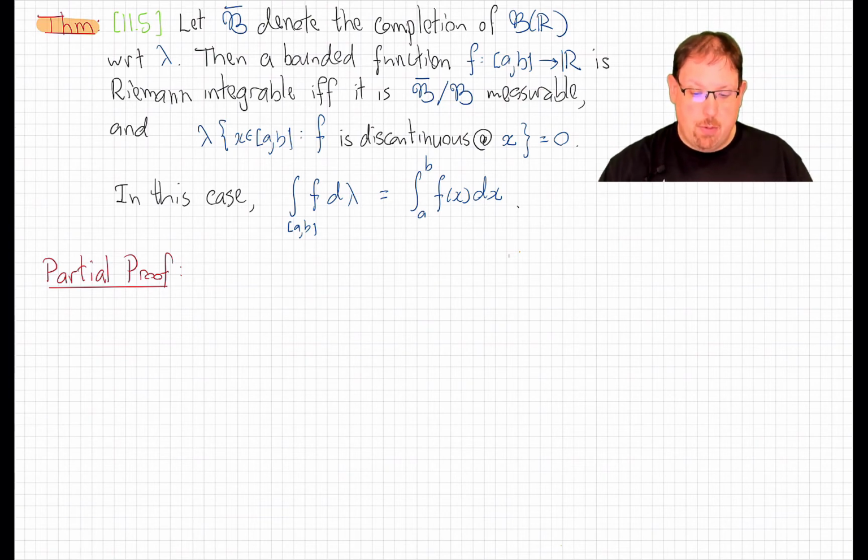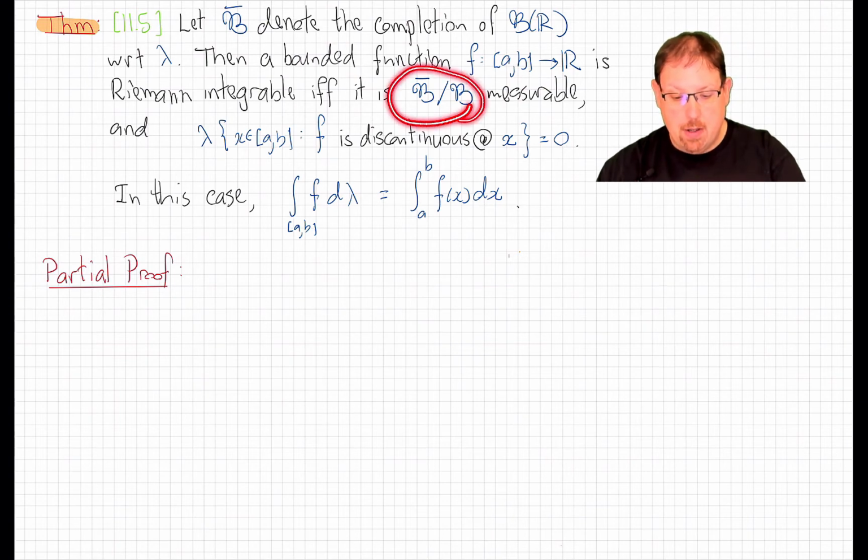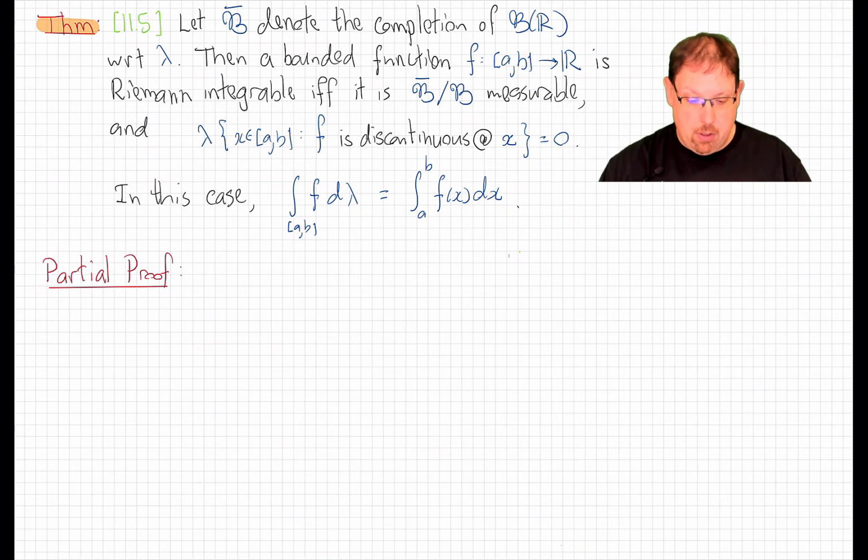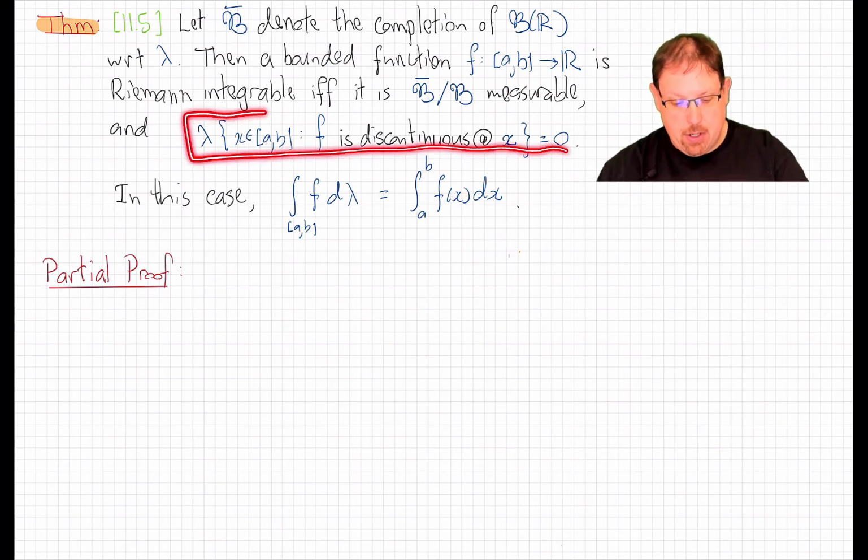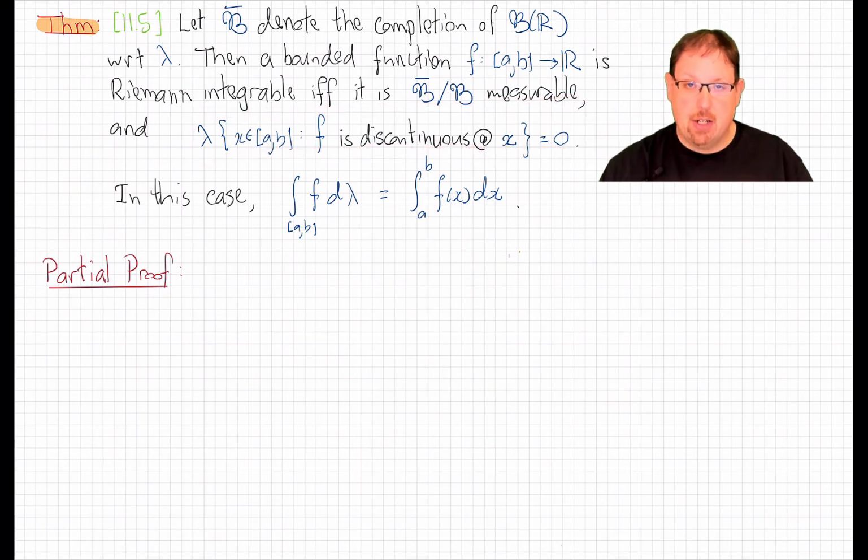Then, if you start with a bounded function on a compact interval, it is Riemann integrable on that interval if and only if it is measurable with respect to the completion of the Borel sigma field and the Borel sigma field in the range. And it is continuous almost everywhere, meaning exactly that the Lebesgue measure of its set of discontinuities is 0.